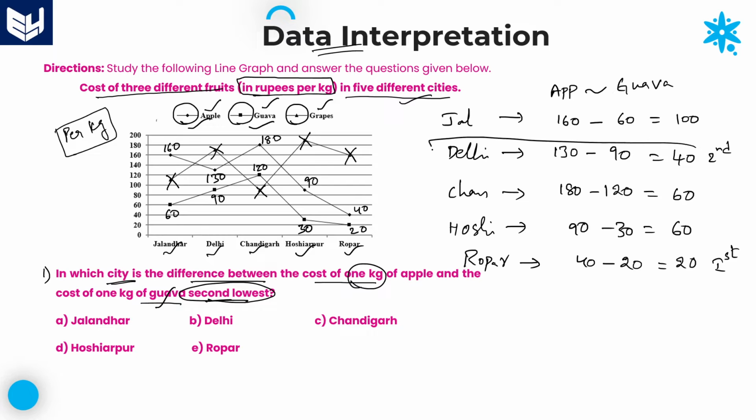That is from which city? Delhi. Delhi is the city in which the difference is second lowest. Delhi is the right answer for this question. Among the options, option B is the right answer for this question. Option B.